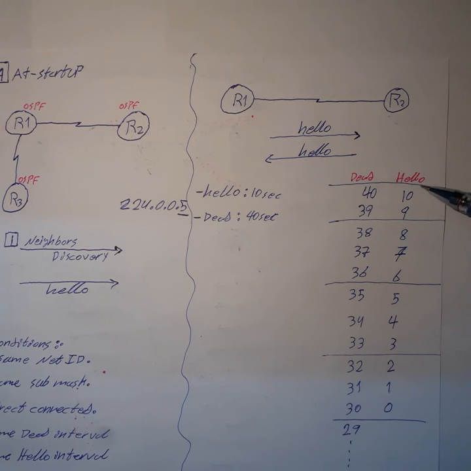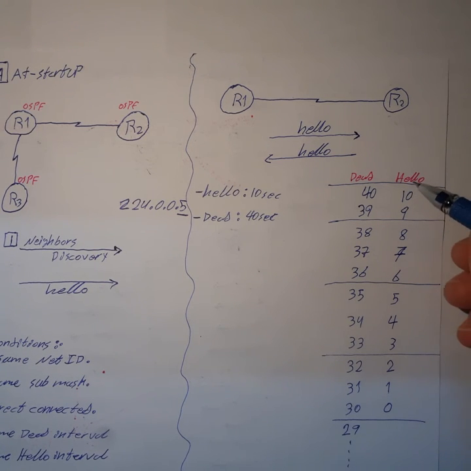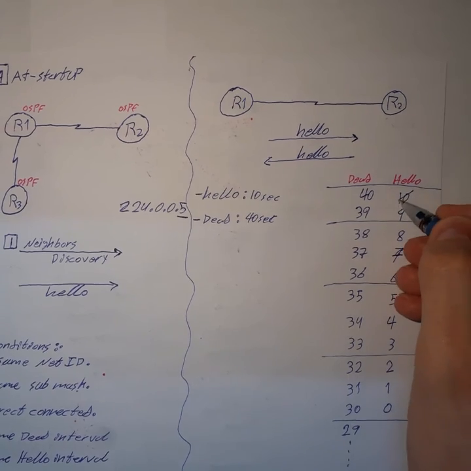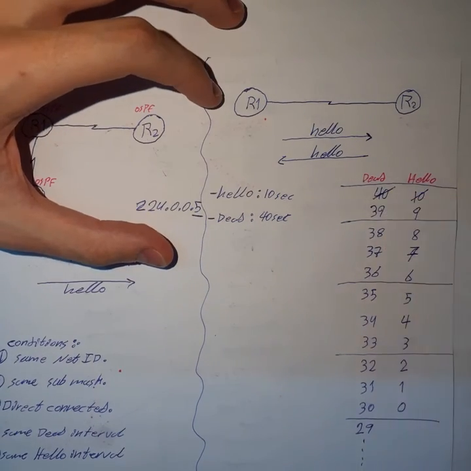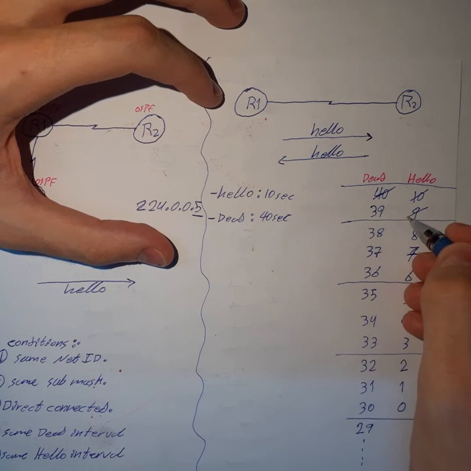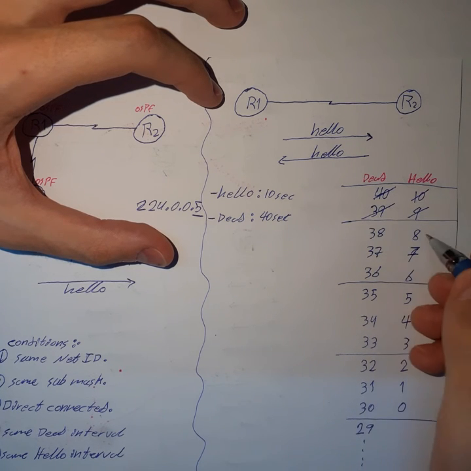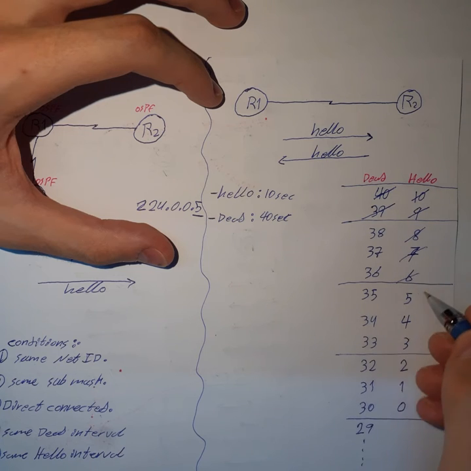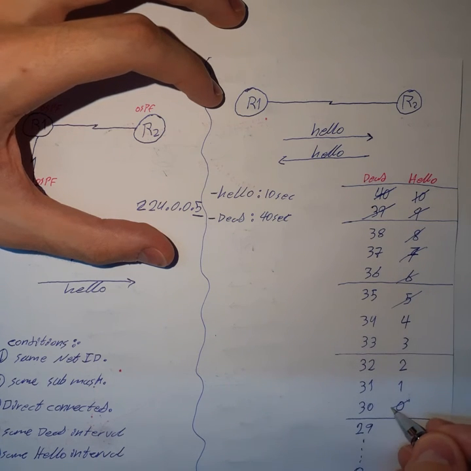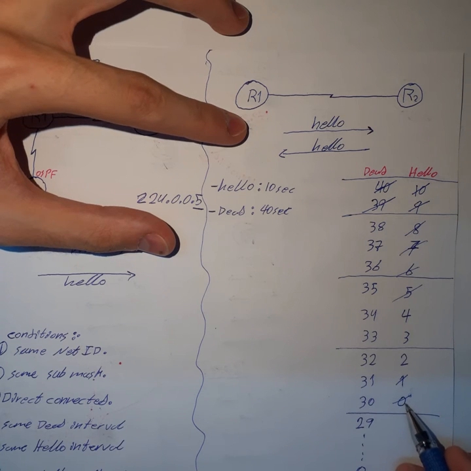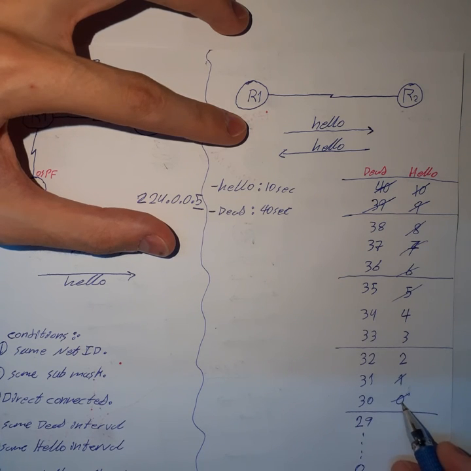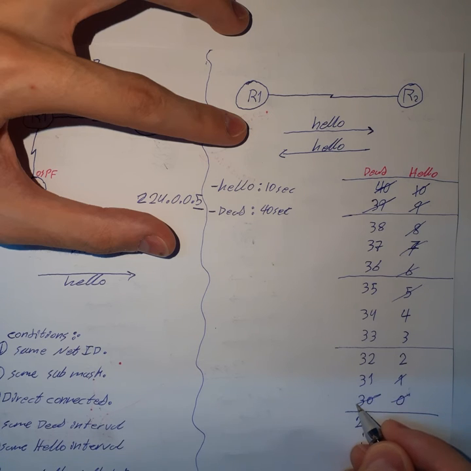So the hello will start at 10. When it's 10, the dead will also start counting at 40. When the hello is at 9, the dead will be 39. And that will go on until 0. When the hello counter has reached 0, the dead will be 30.